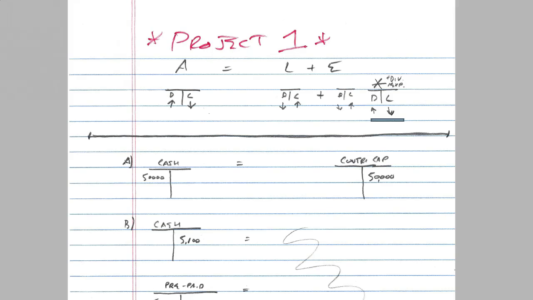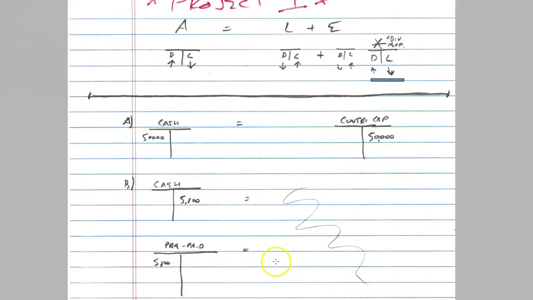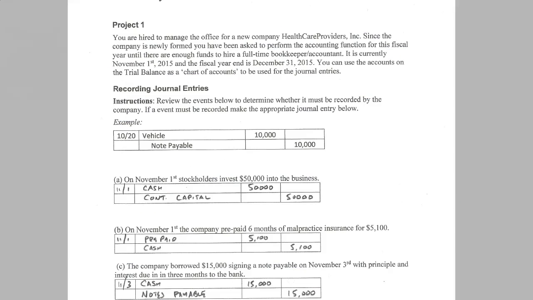All right. Hopefully these next ones will go a little quicker after I've explained the way I approach these problems. This next one, problem B, is a little interesting. So B is, on November 1st, the company prepaid 6 months of malpractice insurance for $5,100.